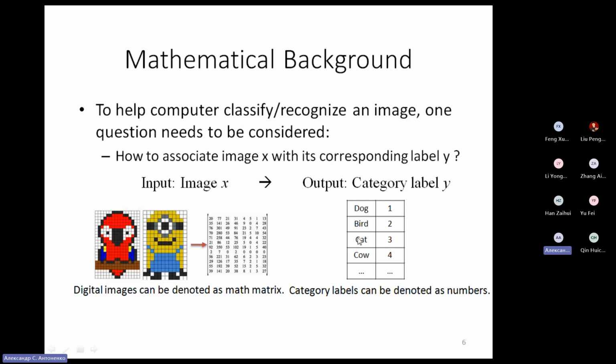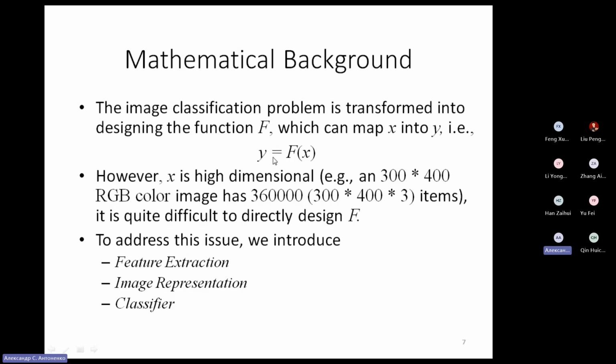For example, dog, bird, cat, cow, but we can assign numbers to each category, and we can answer with some number instead of a word. It doesn't matter. So it's quite an easy function from a matrix of numbers to a single number. It's like a function f that maps some image into some number.